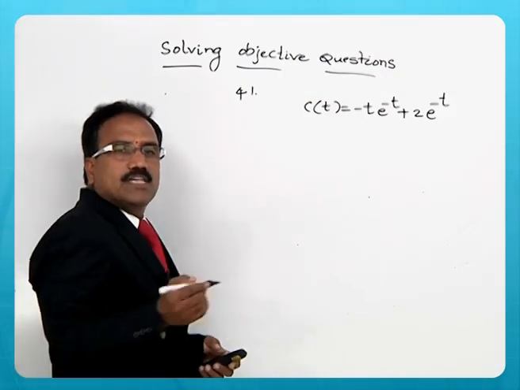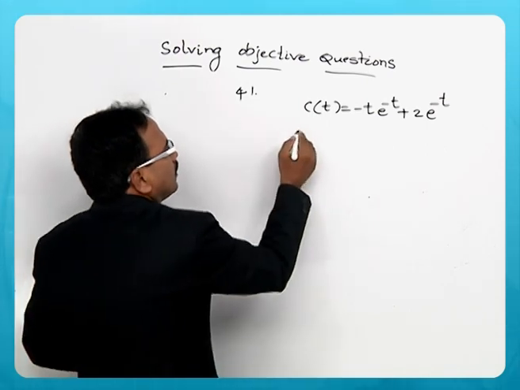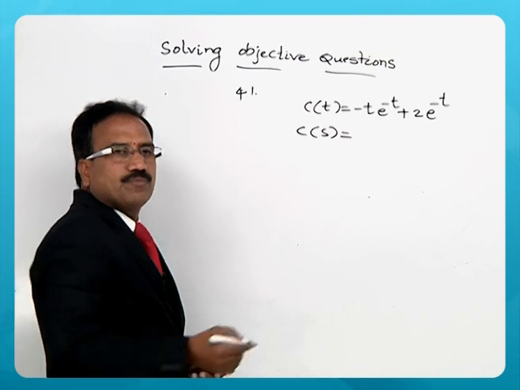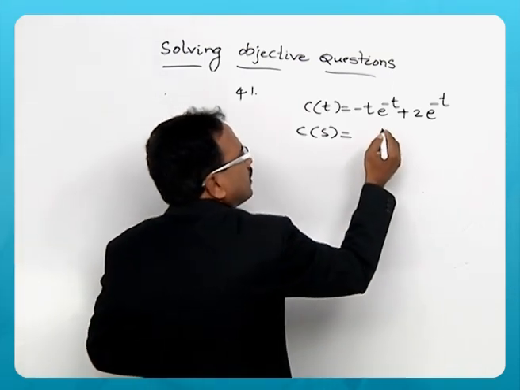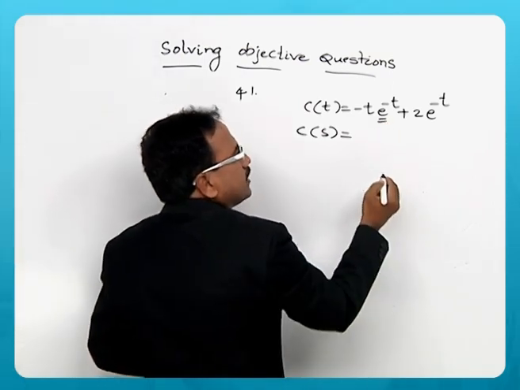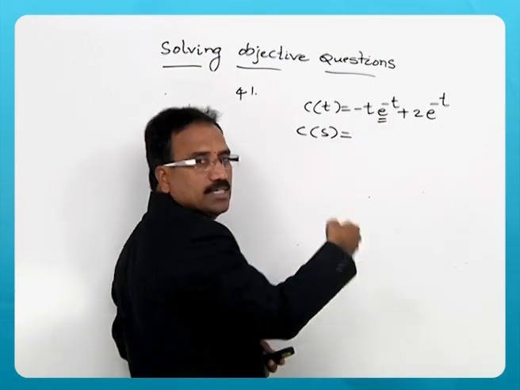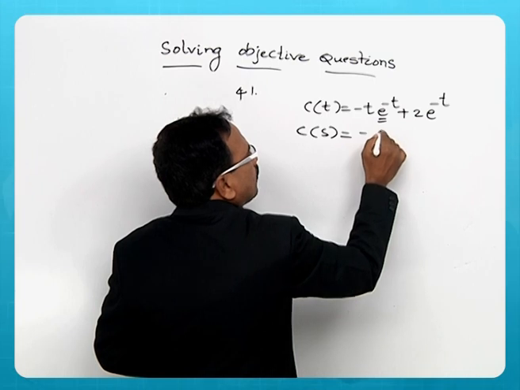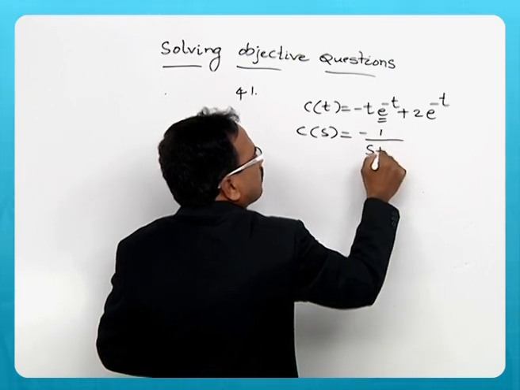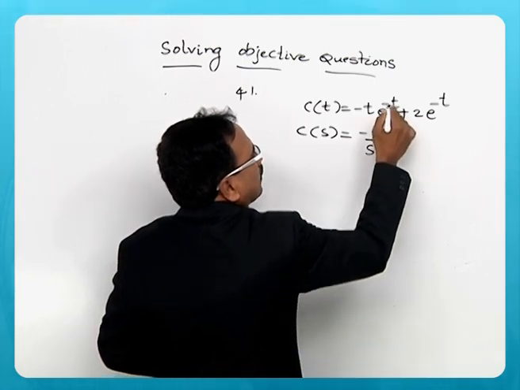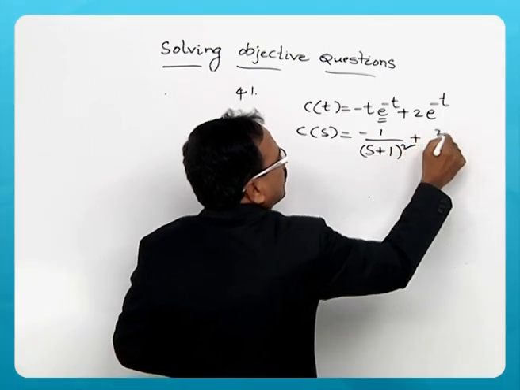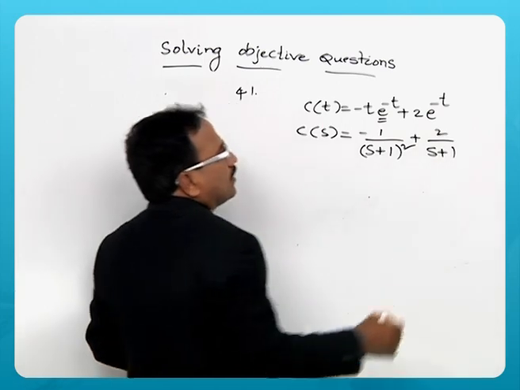So when I say that this is an impulse response, we can see what its C(s) is. As you know, if it is e^(-t), it is simply 1/(s+a), but because of the t term here, minus 1/(s+1) whole square, because the coefficient is 1 here, plus 2/(s+1).